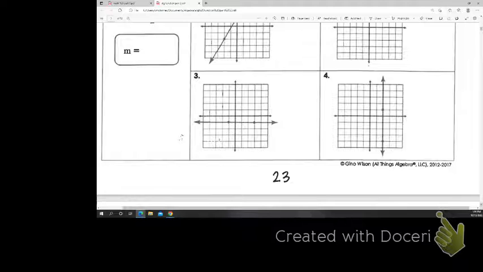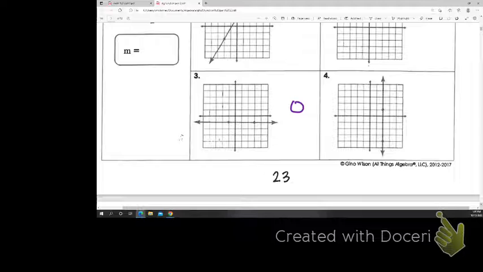So when we get something like number 3 and number 4, regardless of the intention of whoever designed this paper, because it was not me, regardless of Gina Wilson's intent, I would not encourage you to count how many places. If you see that it is a horizontal line, then just go ahead and write 0.